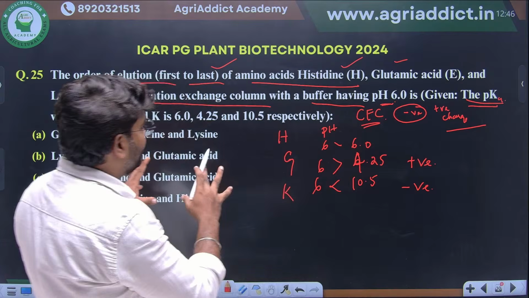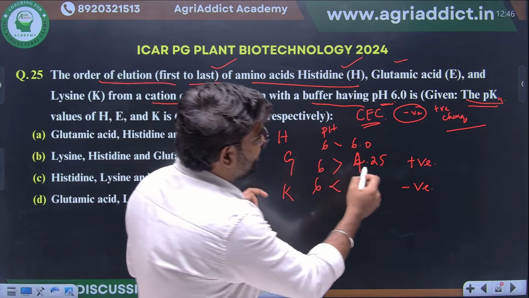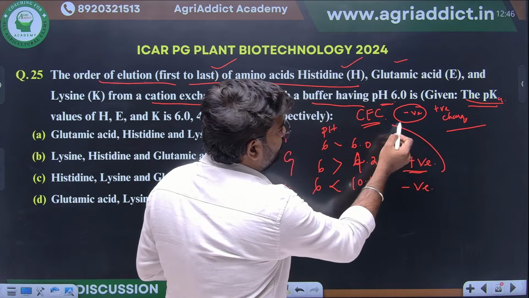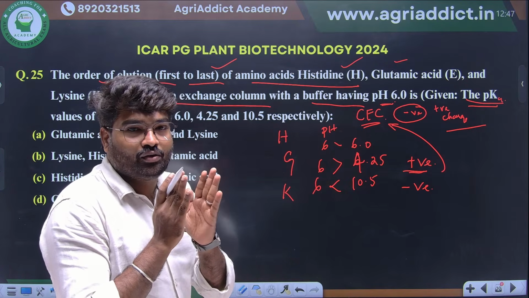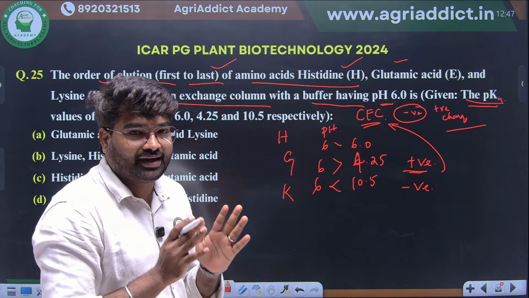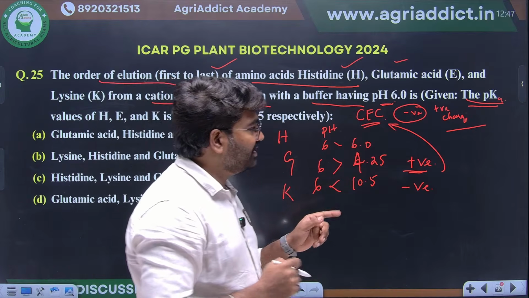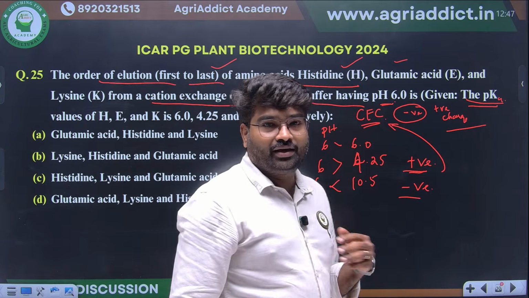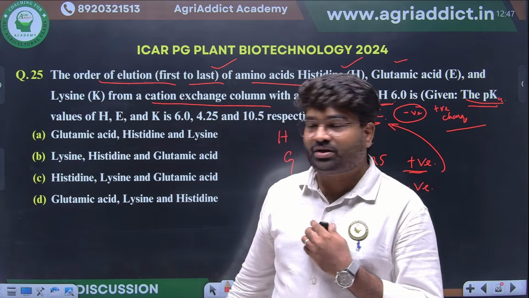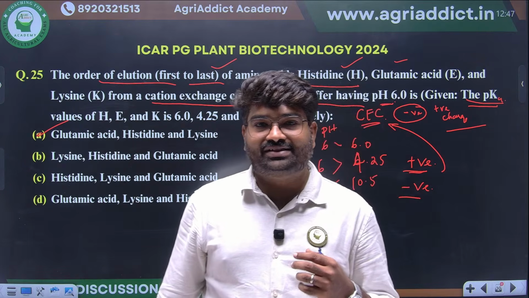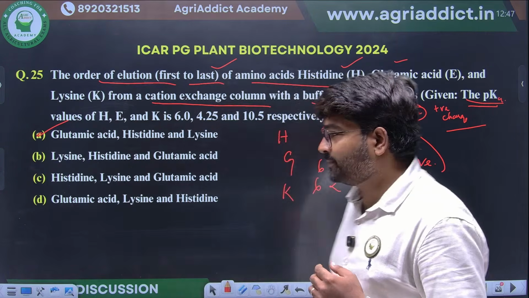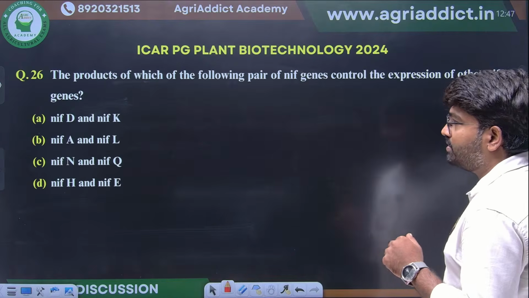If a positive charge is there, it will bind with the column very tightly. If a negative charge is there, it will elute later. So what is the order of elution? Option A is correct: glutamic acid, histidine and lysine. Excellent. You have to apply the concept here.